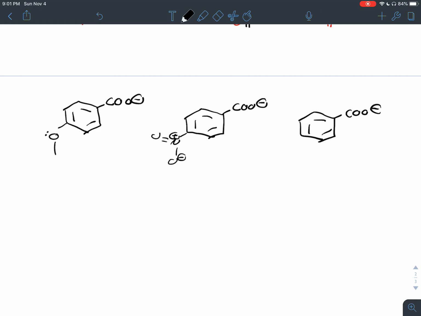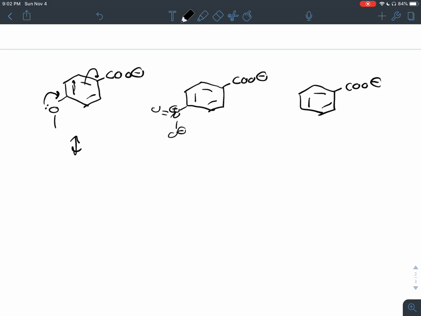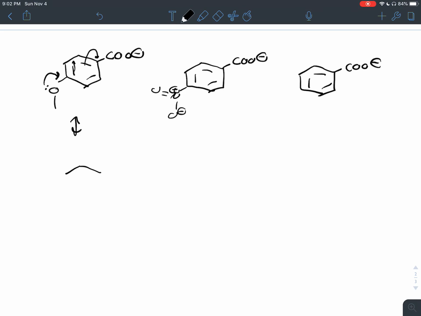Remember, the oxygen group is electron pushing, and if it's ortho/para to the carboxylate, it can donate electrons by resonance. Here we can draw a resonance structure where there's a negative charge on the carboxylate.